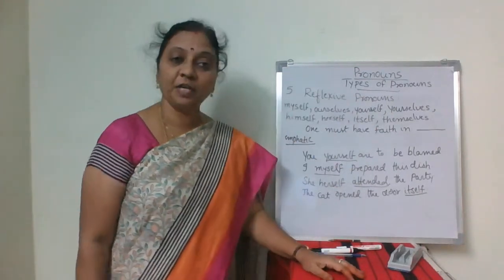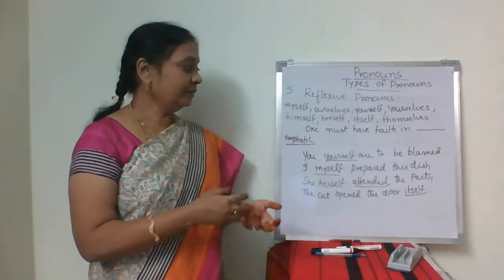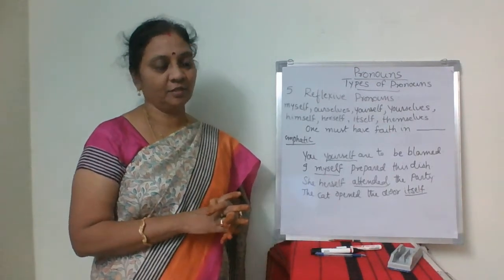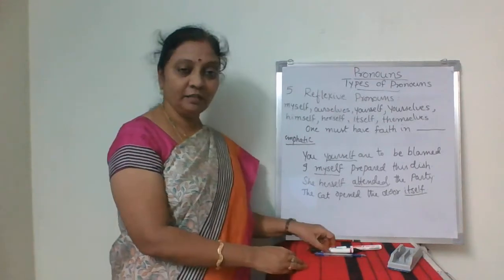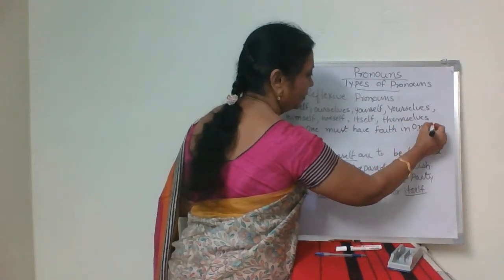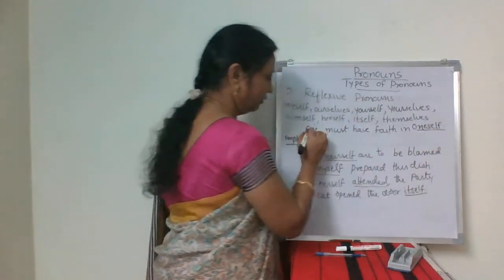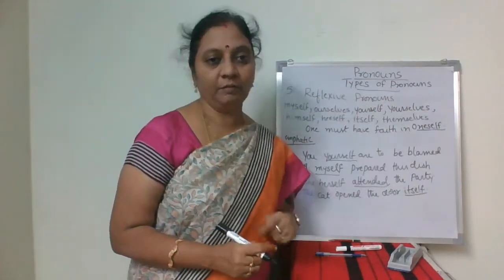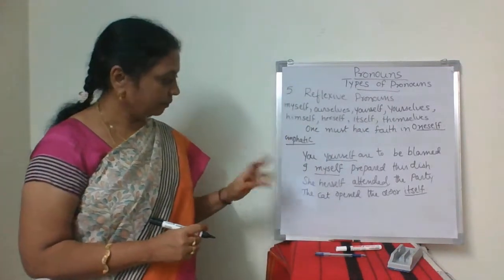One must have faith in myself, yourself, or himself, or itself. What you are supposed to use? Then one must have faith in oneself. Only we have to write, not himself or herself. So whenever one is there, then you have to use oneself.